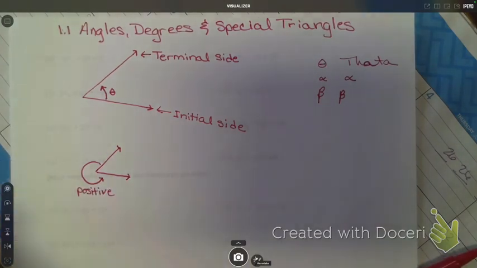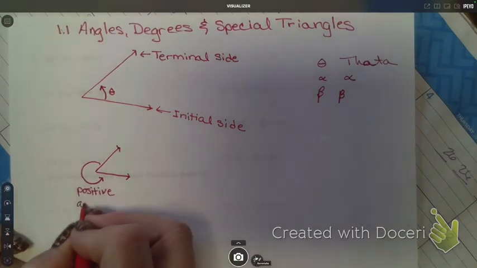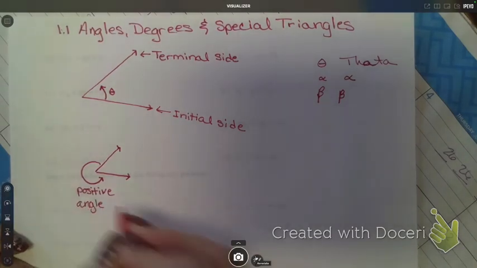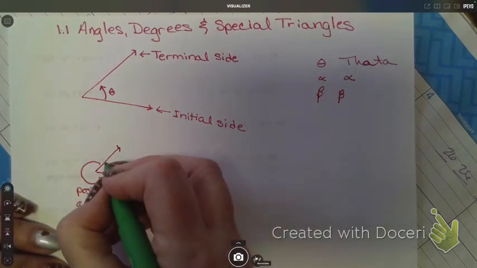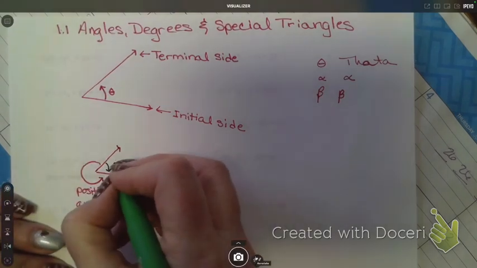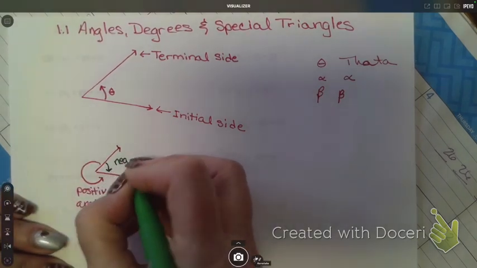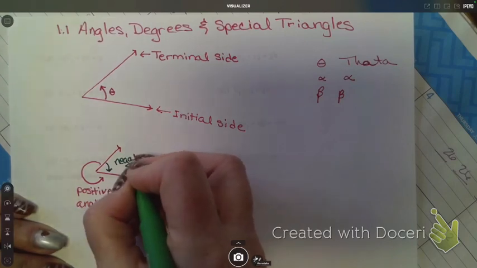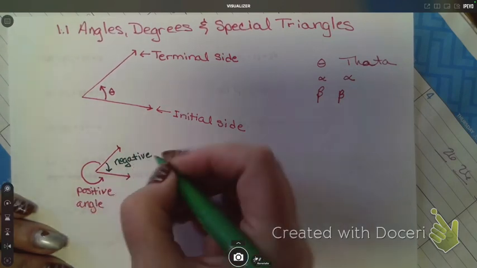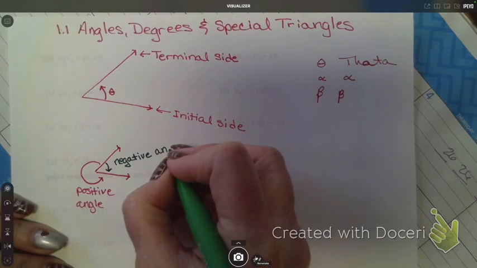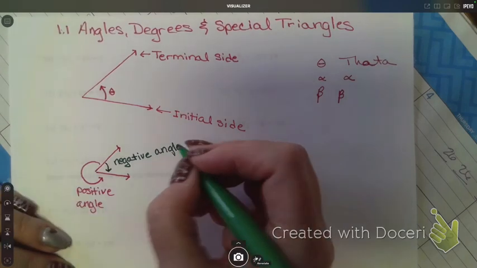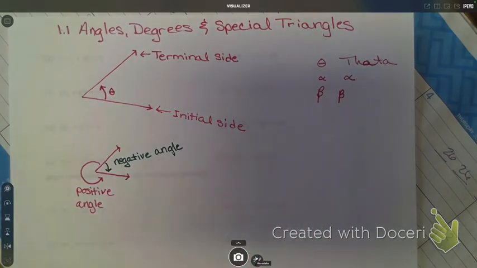Think of it as rising. If it rises, it would go counterclockwise, wouldn't it? Positive angle. If it falls, it is negative. Now, I hope you notice that I'm putting arrows on the arcs. Those are important. They show direction.